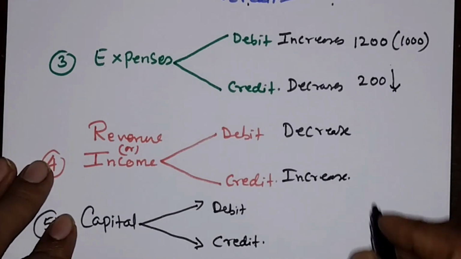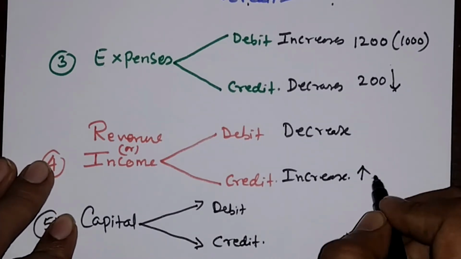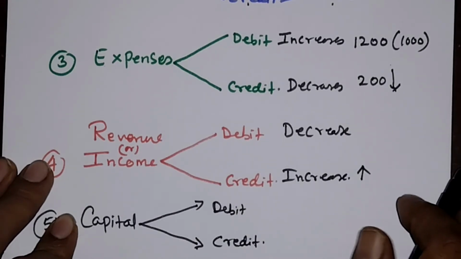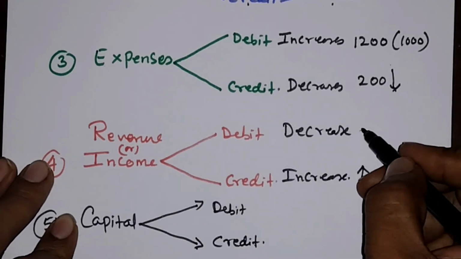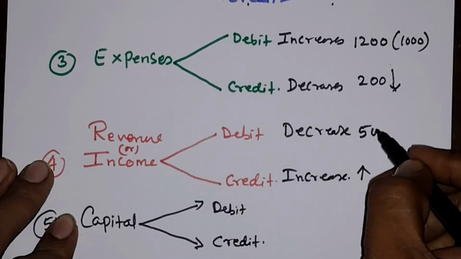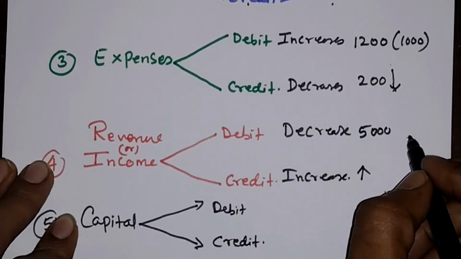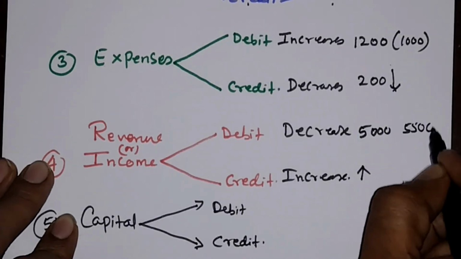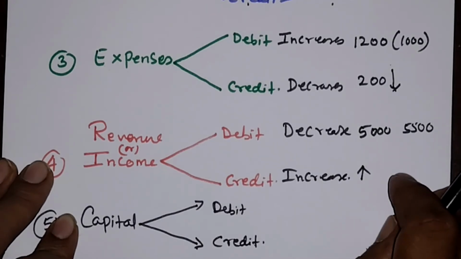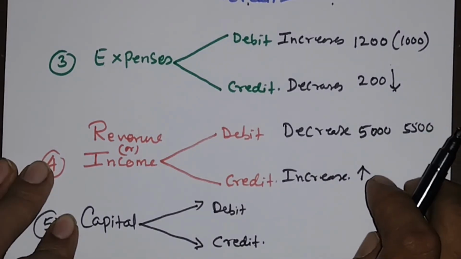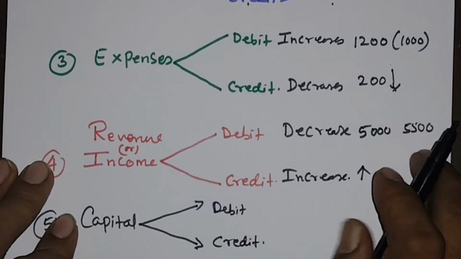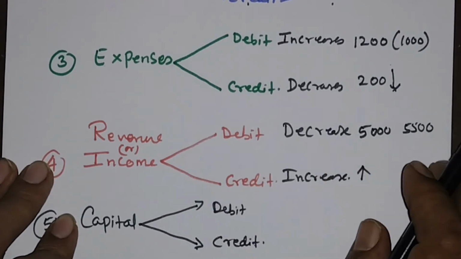If the revenue increases, that is the credit. In the reverse case, if 5,000 rupees was recorded as 5,500 rupees, 500 rupees extra has been recorded, that has to be reduced by a reverse journal entry. For that, it is a decrease in income.